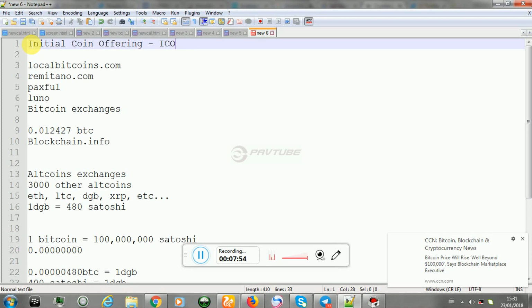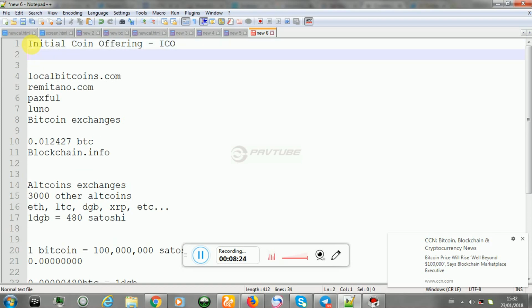And then if the project is beautiful, if people believe that this is going to be a project that is going to be profitable, people put their money into it, they spend their fiat currencies like dollars and naira and the rest. They use it to buy Bitcoin, and then they invest into those ICOs. Okay, now that is one of the ways new cryptocurrencies generate funds to be able to start their project.